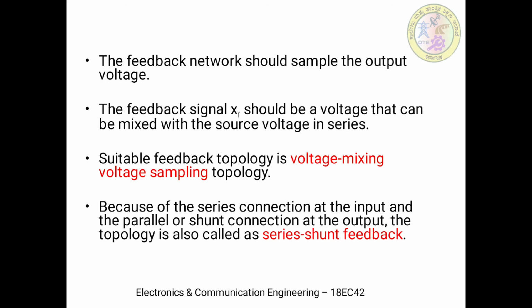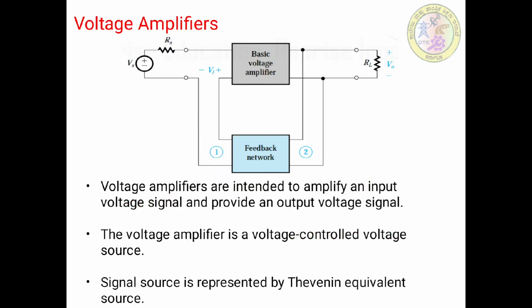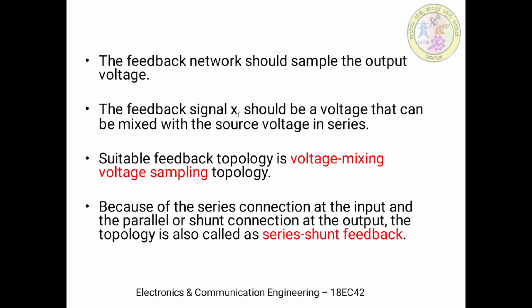So what is the source voltage here? It is Vs. Whatever the Vf is, that will be mixed in series with the source Vs. Because of this, a suitable feedback topology will be a voltage mixing, voltage sampling topology.